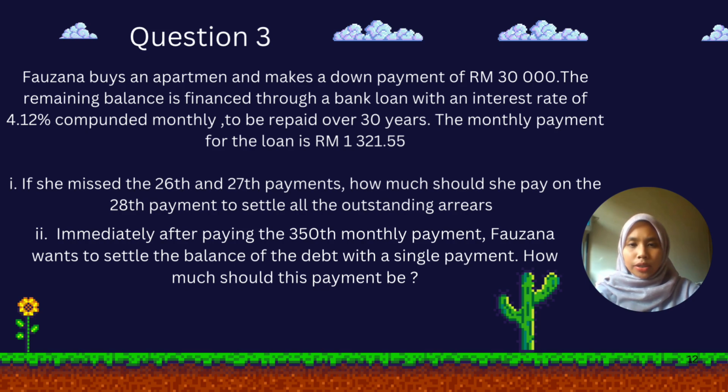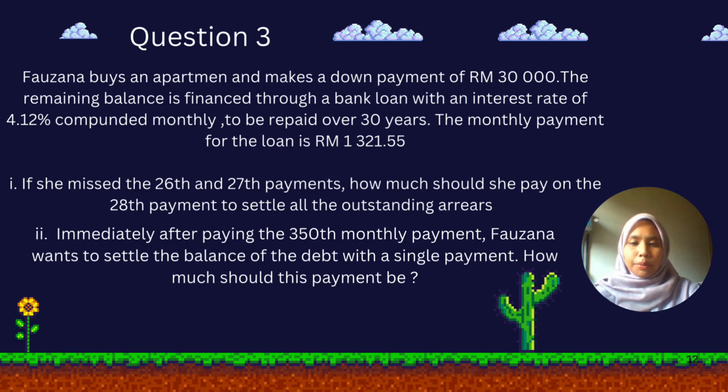Next, question 3. Fauzana buys an apartment and makes a down payment of 30,000 ringgit. The remaining balance is financed through a bank loan with an interest rate of 4.12% compounded monthly to be repaid over 30 years. The monthly payment for the loan is 1,321.55.